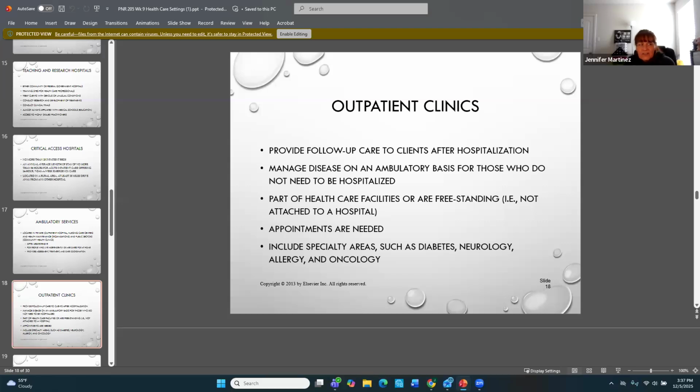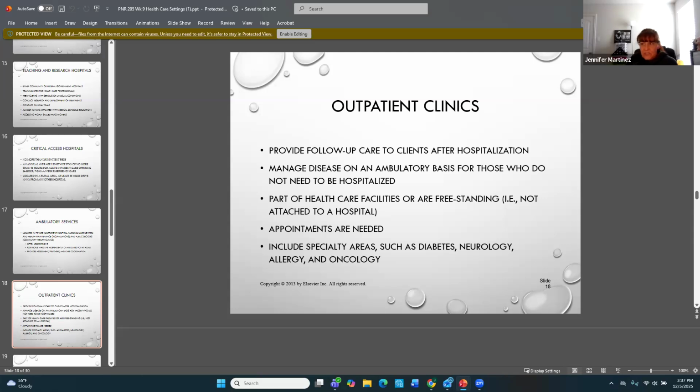And a lot of people use a lot of these outpatient clinics more as primary care, when they need something. They also may include your specialty areas: diabetes, neurology, allergy, oncology, dermatology.